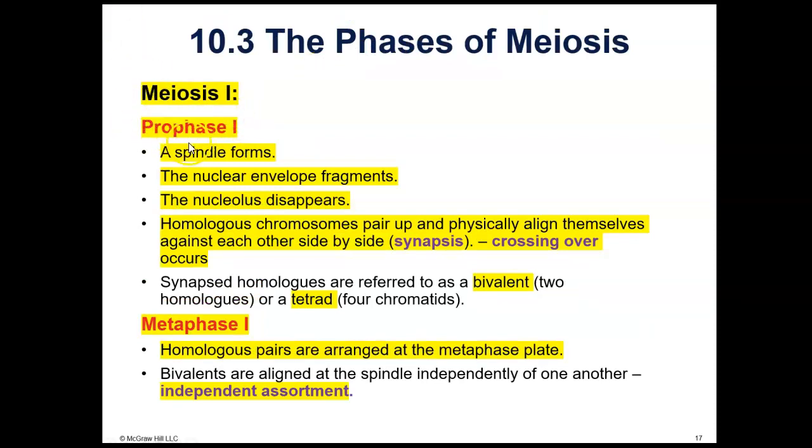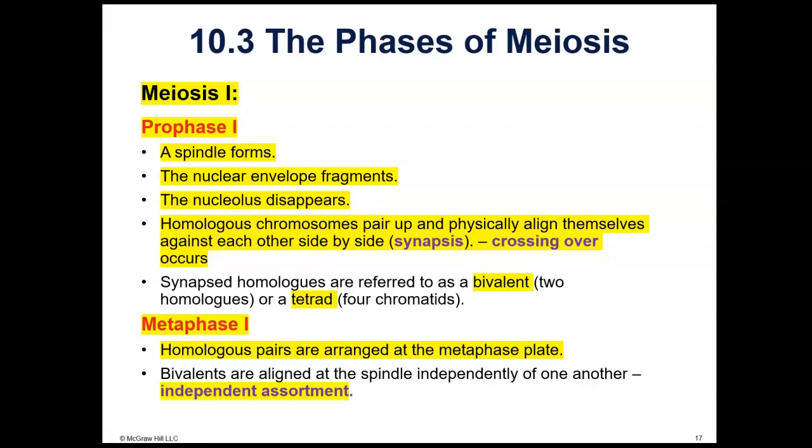So these are the notes that tell you what happens during prophase 1. And some of these are the same things that happen in mitosis prophase. The spindle forms, the nuclear envelope fragments, the nucleolus disappears, the chromosomes become visible. They condense. They were in the form called chromatin.